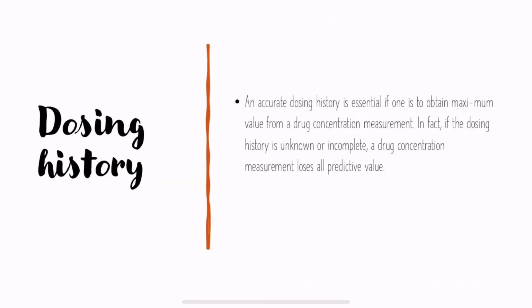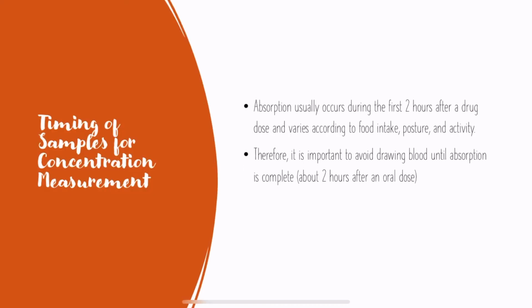So, dosing history. An accurate dosing history is essential if one is to obtain maximum value from the drug concentration measurement. If the dosing history is unknown or incomplete, a drug concentration measurement loses all predictive value.